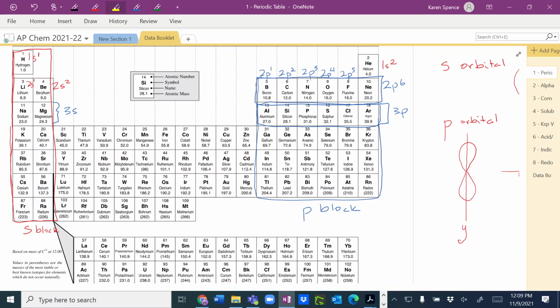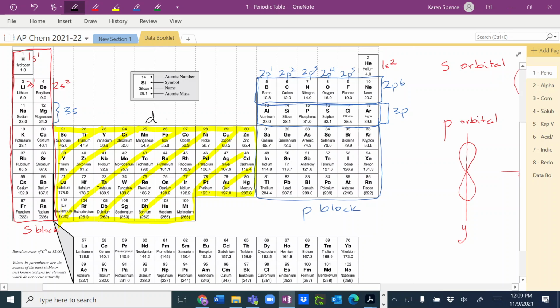What's this business in the middle? You remember? What kind of orbitals are we filling in here? It goes S, and then P, and then D. Yes.